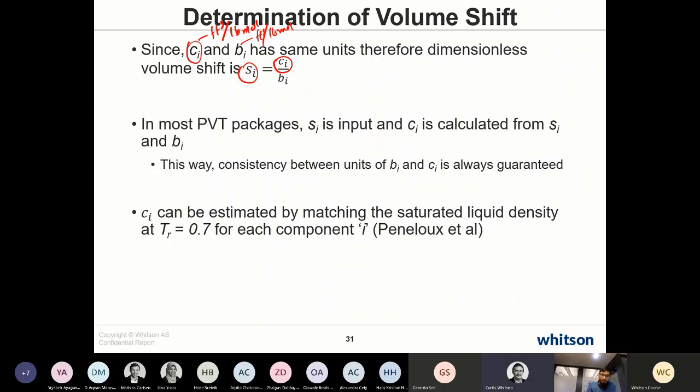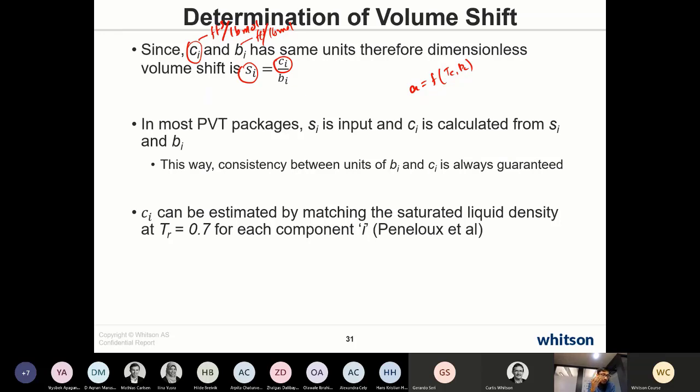Okay, so now the question is, how do you get the value of C? We know that the values of A and B are functions of Tc and Pc, and the same goes for B, which comes from the critical criteria of the van der Waals equation of state. But how do you get the value of C for each component?